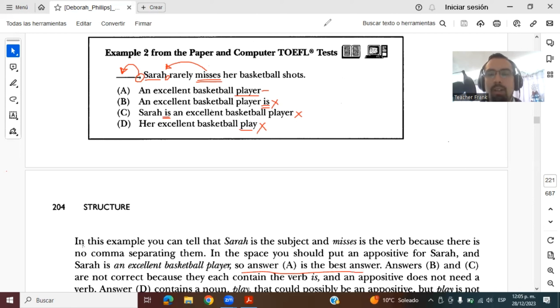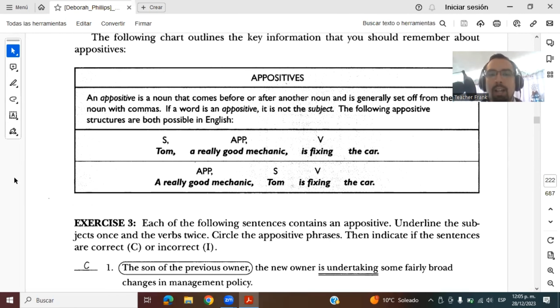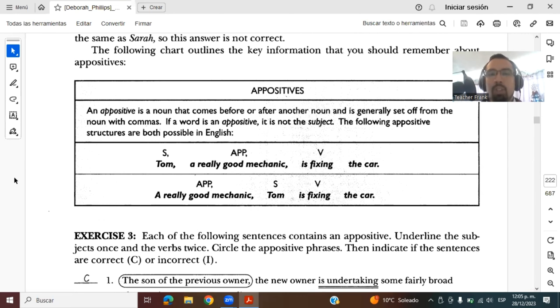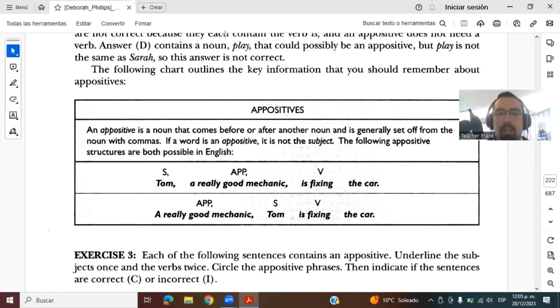So let's look at a little diagram just so we can get this basic structure clear in our heads. There are two possible alternatives to appositives, okay? It says an appositive is a noun that comes before or after another noun and is generally set off from the noun with commas. If a word is an appositive, it is not the subject, right?